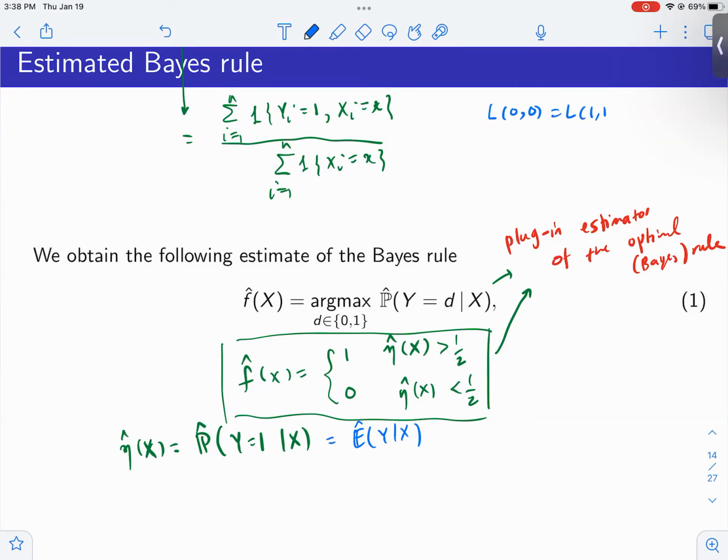If the loss function is like that, but L01 and L10 are different, then the rule will be similar. And there's a homework problem at some point you might see, but this 1/2 would be different. The only thing that changes is the relative cost of misclassifying 1 or 0.